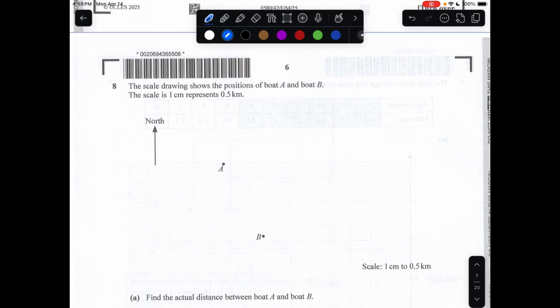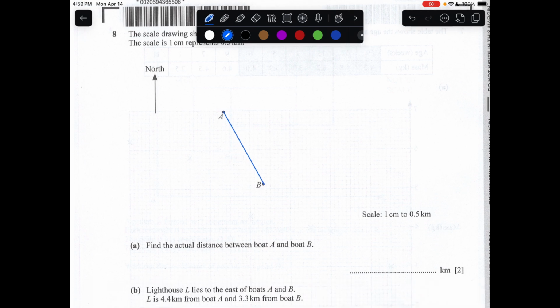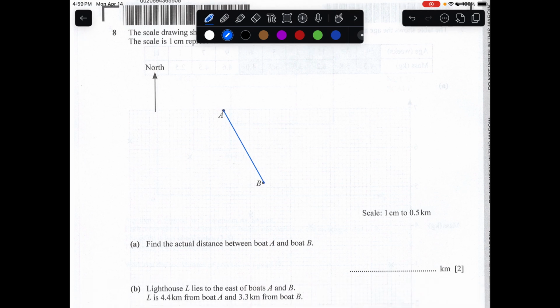The scale drawing shows positions of both A and B. A scale of 1 centimeter represents 0.5 kilometer. Find the actual distance between both A and B. So for this question, you'll have to join A and B with a ruler and pencil and measure it with a ruler. Over here, I've made use of a ruler.